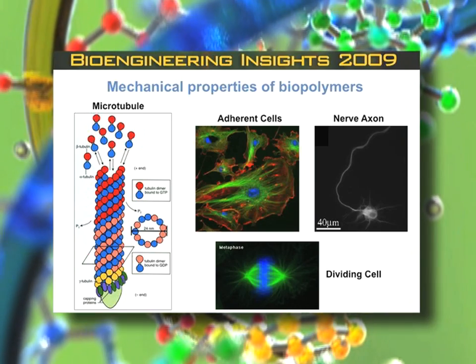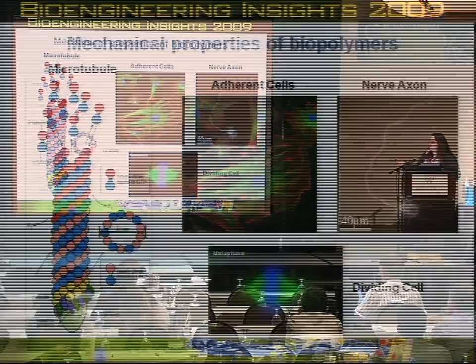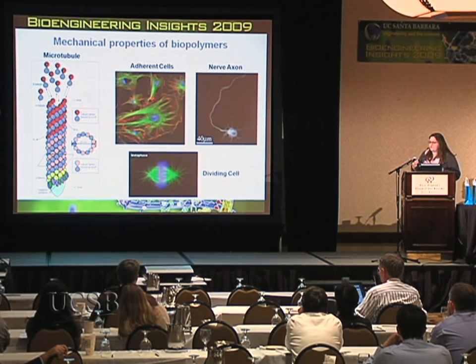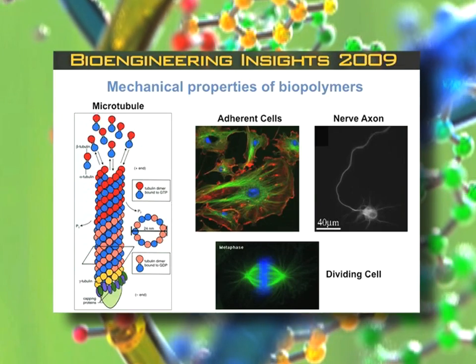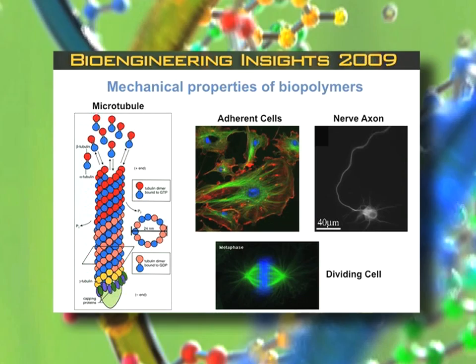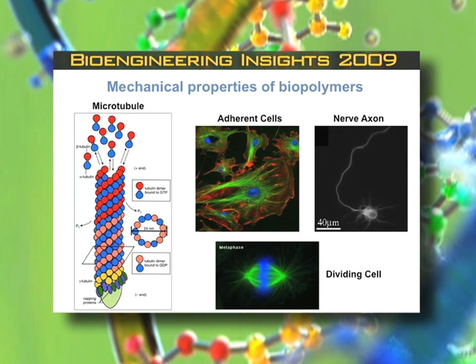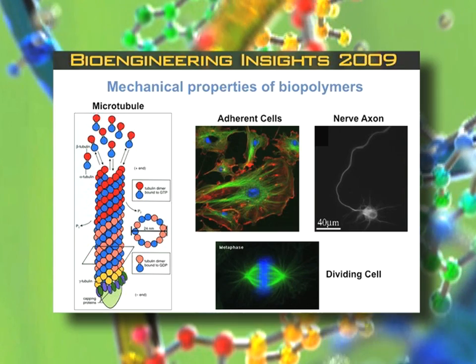Another interesting property of these filaments is that although the lateral connections improve their bonding and their desire to stay with their neighbors, there's also some chemistry involved. You can see this color shift from red to kind of pinkish as you go away from the growing tip, and that's because each of these monomers also carries a chemical fuel, and there's a hydrolysis reaction that occurs within the polymer.